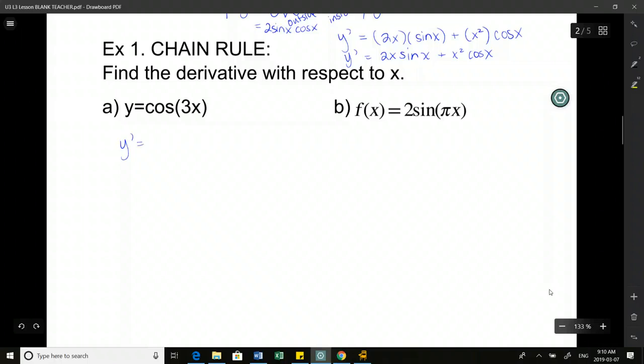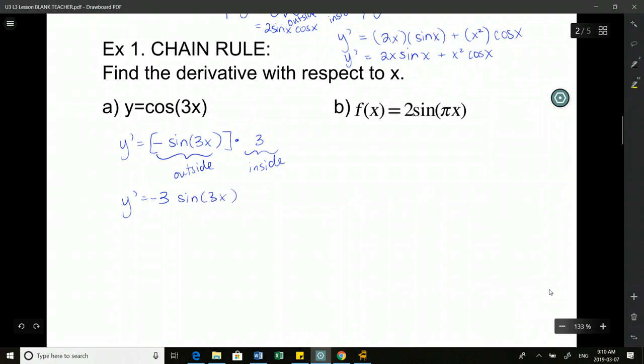Okay, yeah, so we get negative sine of 3x, so this is kind of like the derivative of the outside kind of thing. And then we want to multiply this whole thing by the derivative of the inside. So the derivative of 3x is 3. So when we simplify this, we'll just get negative 3 sine of 3x.